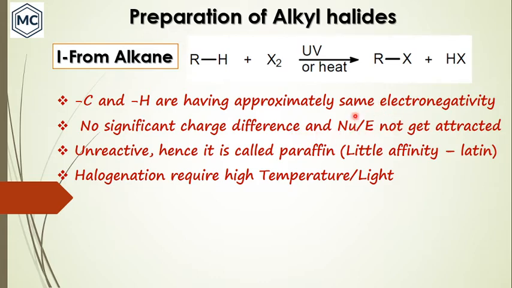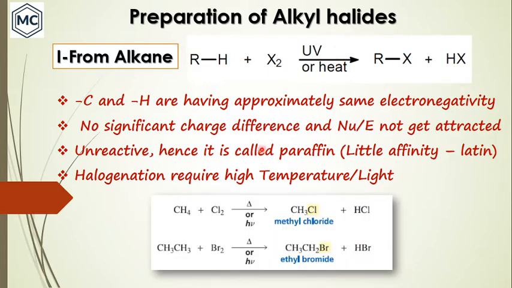Then it cannot attract a nucleophile or electrophile, so it is highly unreactive. That is why it is called paraffin. Paraffin means little affinity in Latin. So in order to halogenate it, it requires high temperature or light. From alkane, you need either UV light or heat to halogenate.